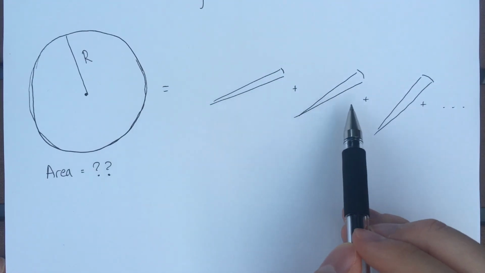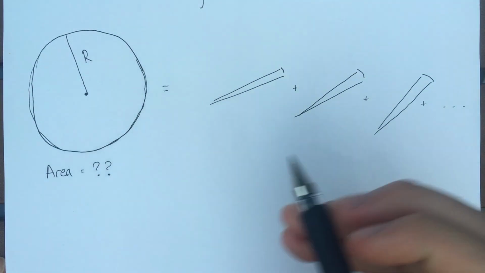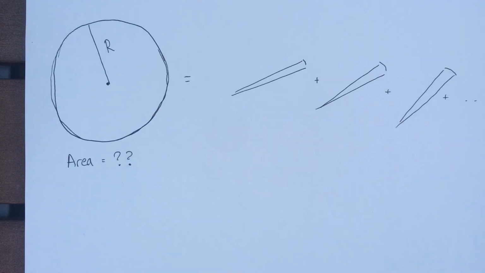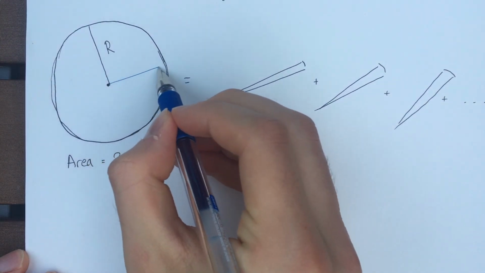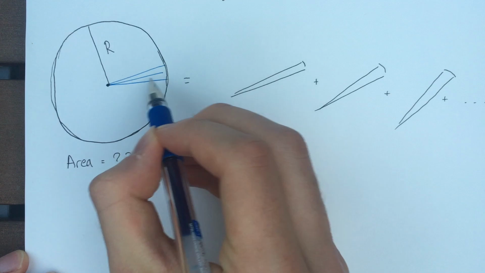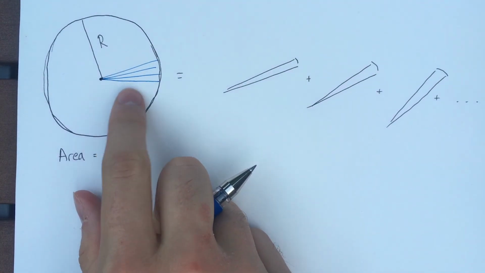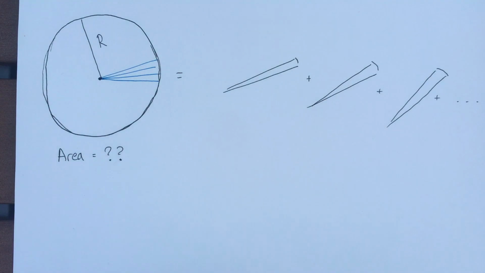And these pizza slices go all the way around the circle. So in other words, we're going to break the circle up like this into many small slices. And we want to find the area of these slices and then add it all together.